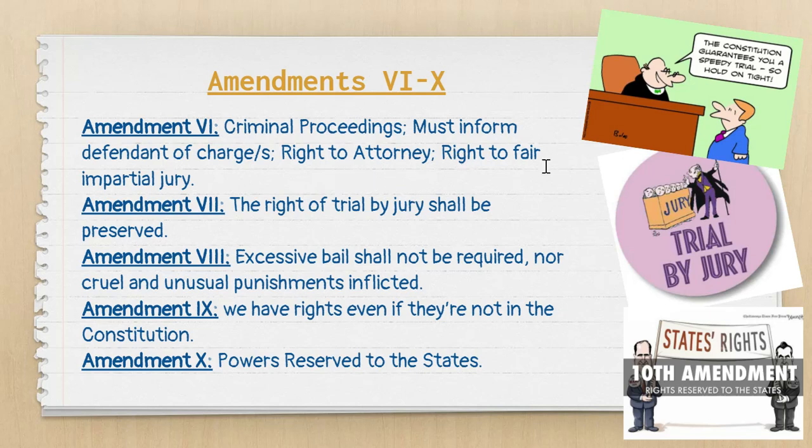And then you have the right to a fair and impartial jury. So when you go on trial, usually there's 12 jurors, and they should all be impartial. So let's say you were convicted of murder. Again, I always go the complete extreme with it, but let's say you're convicted of murder. They probably wouldn't have somebody on the jury whose, let's just say, husband was also murdered.